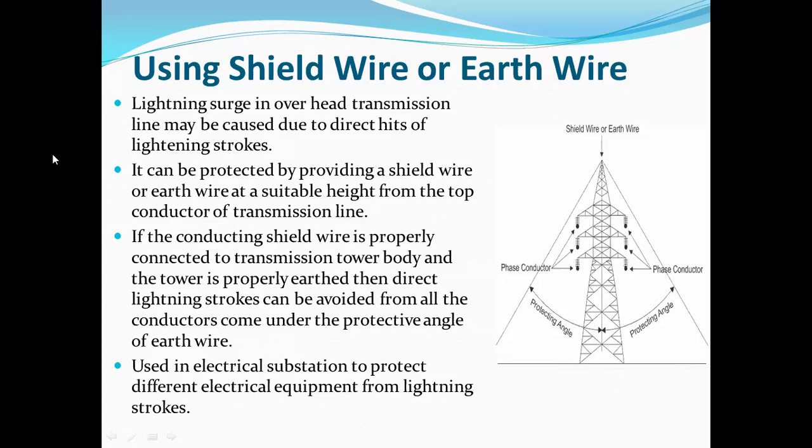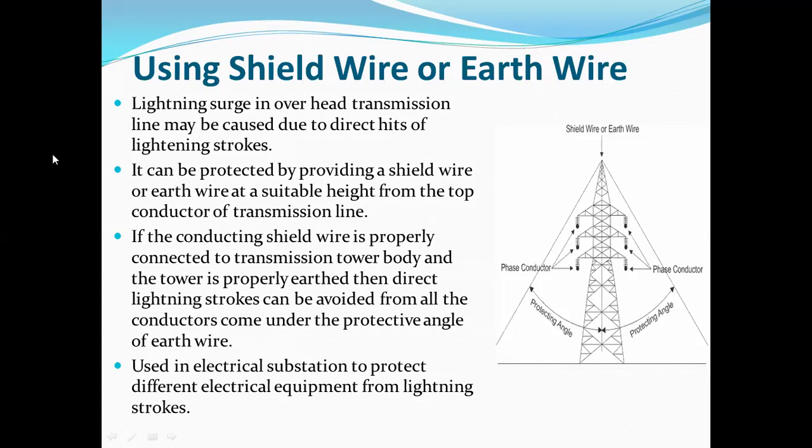Whatever damage is there, that damage is also more because the transmission line voltage is very high, right? Therefore we have to protect these towers and also the transmission line.